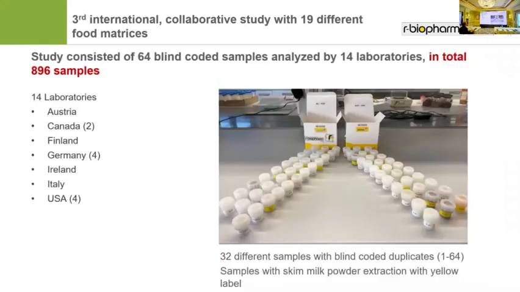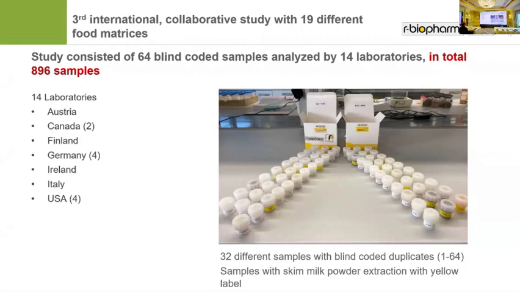So this is a picture of what we sent out. 32 different samples which were blinded were sent out to 14 laboratories all over the world, from Austria, Canada, Finland, Germany, Ireland, Italy, USA.